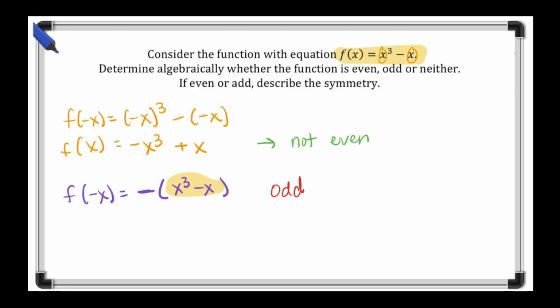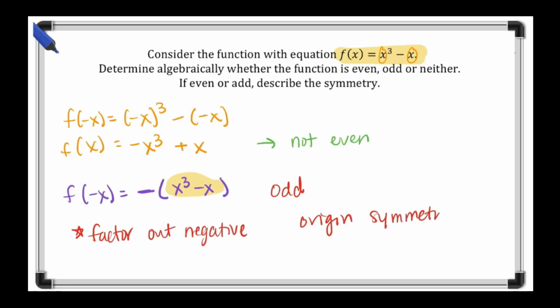Remember, we are factoring out a negative, so that flips all of our signs. It's an odd function. So remember your ooh, it's an ooh function. So it's symmetrical around your origin. Now remember that algebraic test is if we took f of negative x, it's got to be the opposite of f of x.